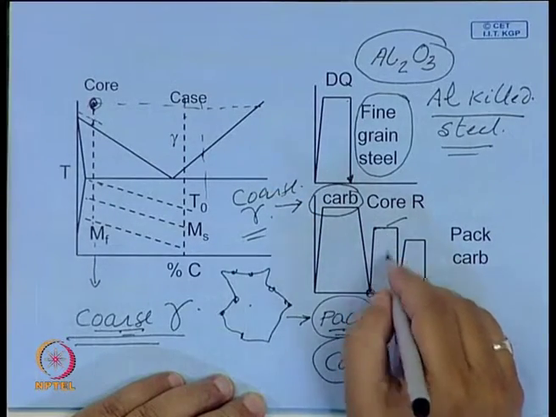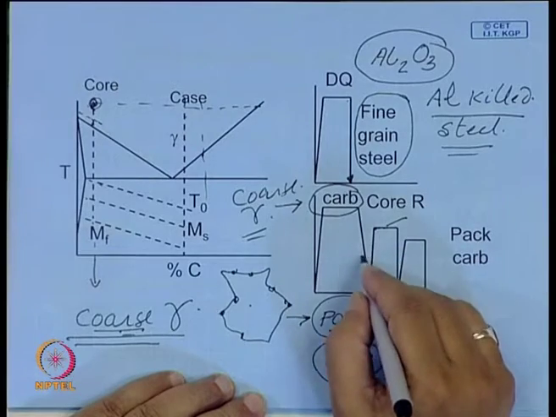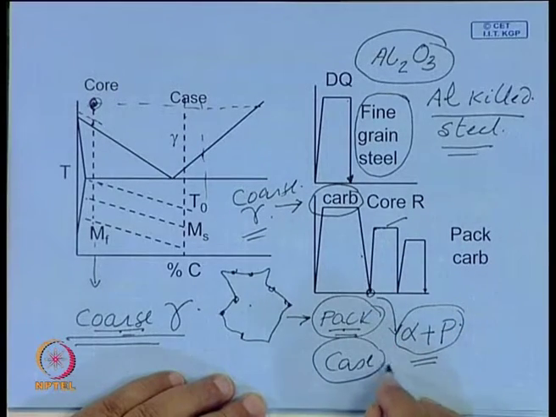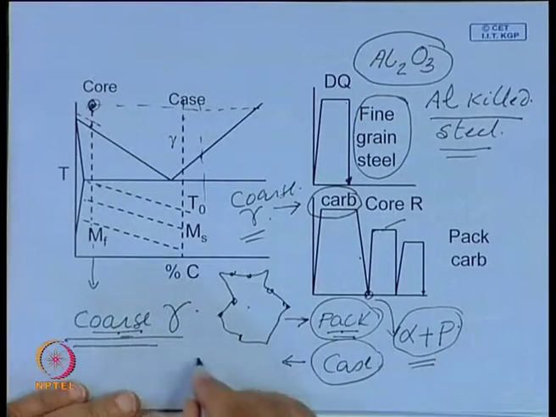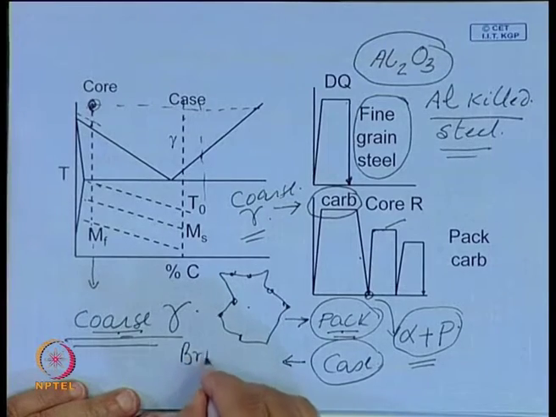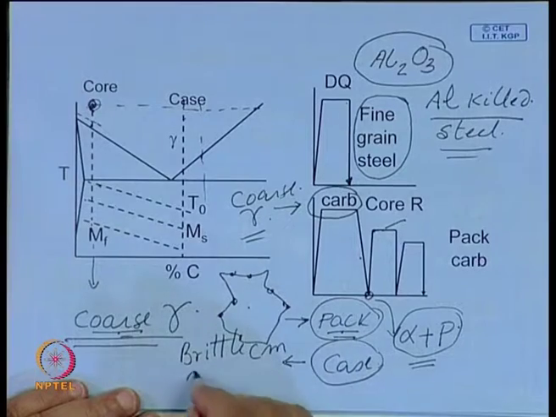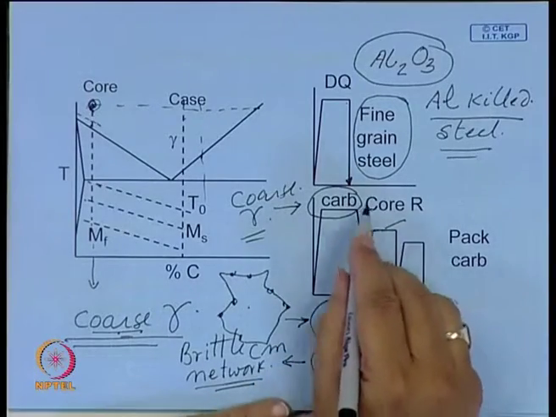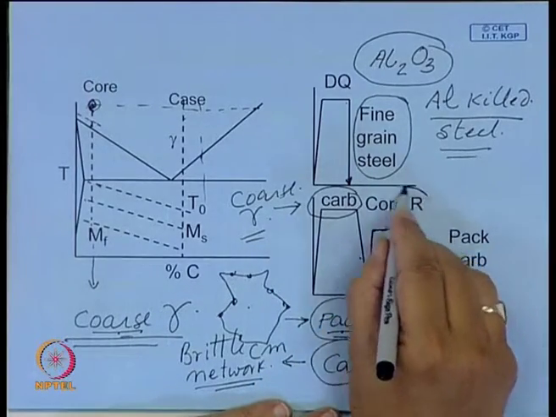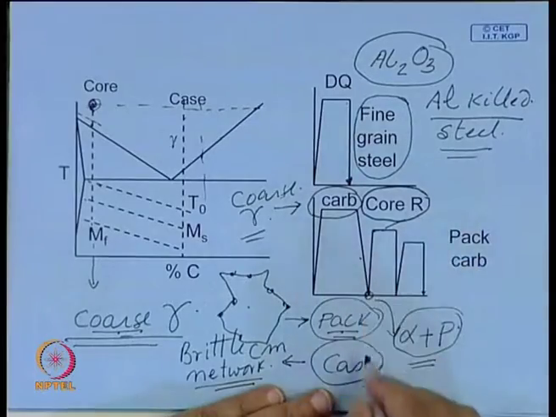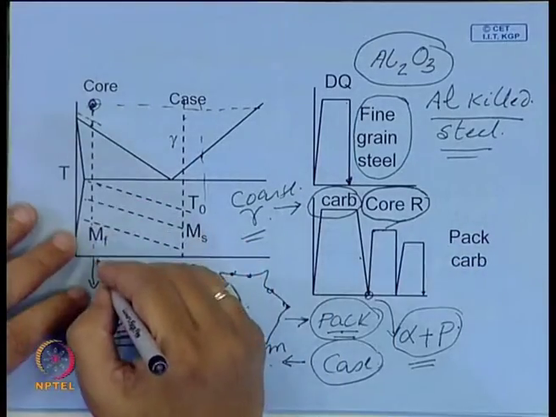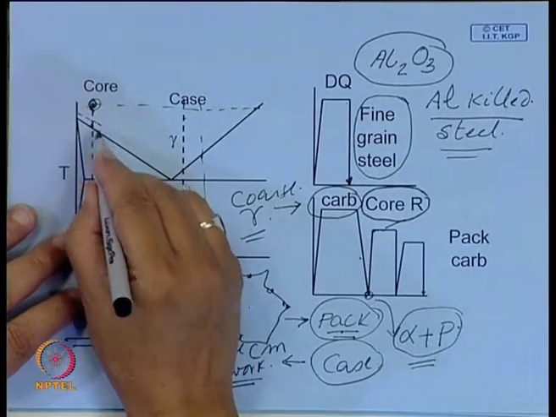So, because of the slow cooling, the case may have a brittle cementite network, which is undesirable.